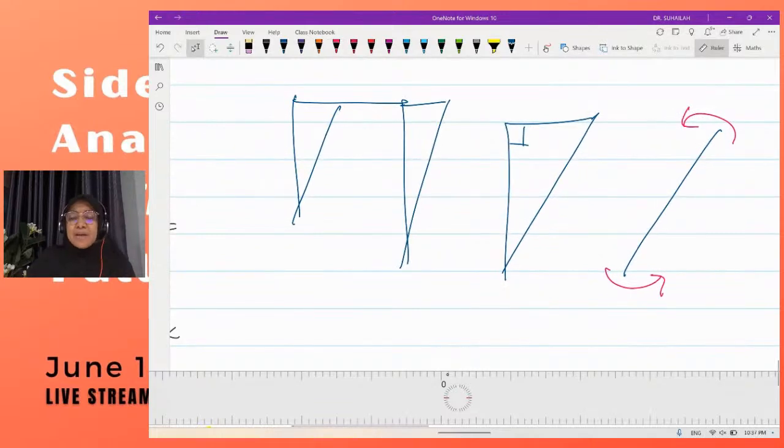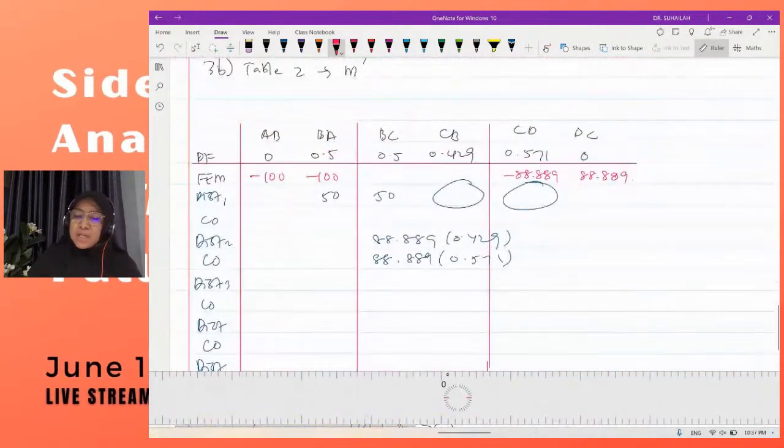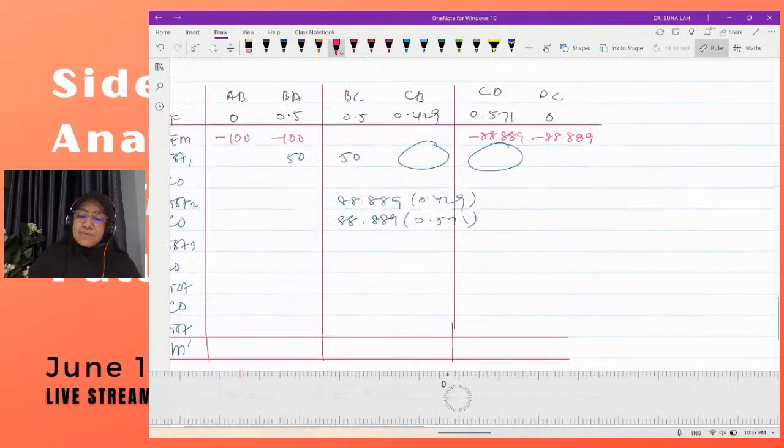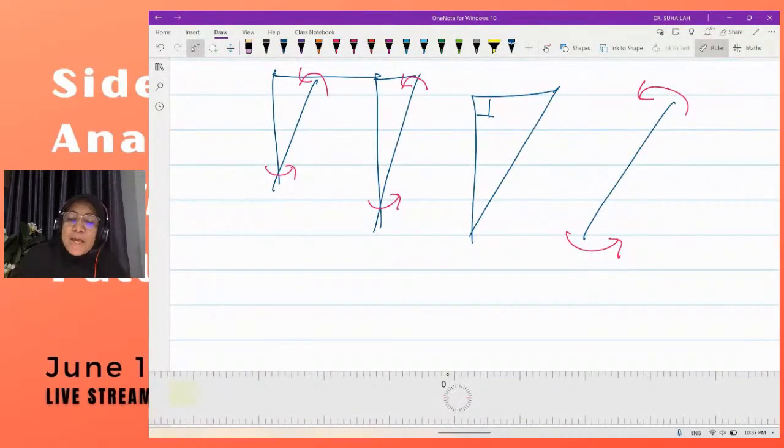The behavior for AB and BC and CD is the same. We have to push this, we have to push this as well. So both negative. So dalam table ni semua negatif.